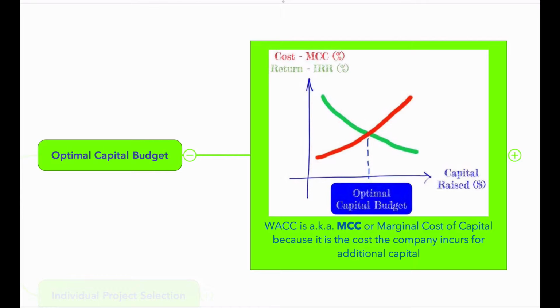Now, as the amount of capital raised increases, which is on the x-axis of the graph, there are two counter effects that occur. First of all, the returns from investment decrease, which is the downward sloping green line, and the marginal cost of raising that capital increases, which is the upward sloping red line.